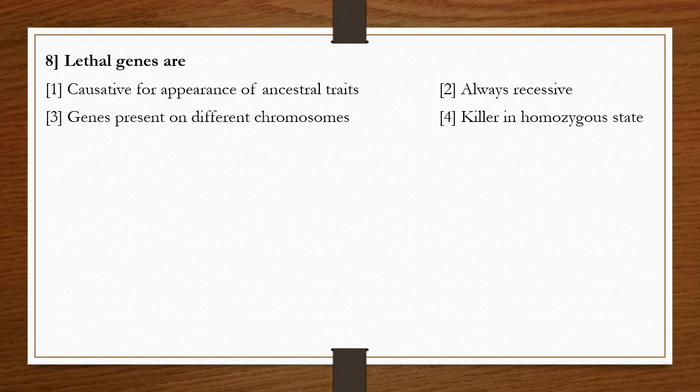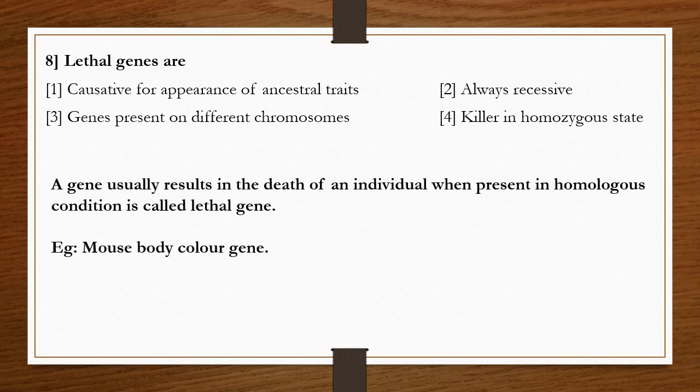Question number 8. Lethal genes are: option 1, causative for appearance of ancestral traits; 2, always recessive; 3, genes present on different chromosomes; 4, killer in homozygous state. So now let's know the definition of lethal genes.